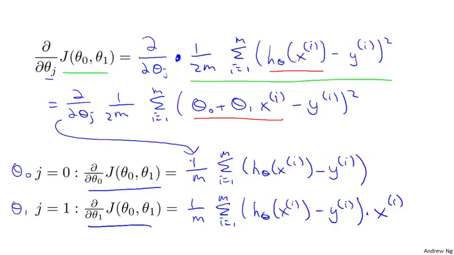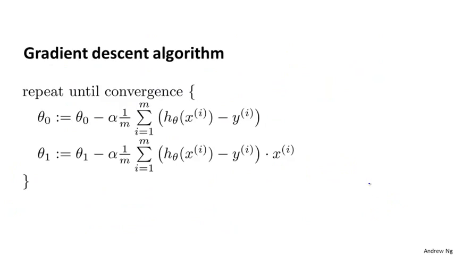Armed with what we worked out to be the derivatives, which is really just the slope of the cost function J, we can now plug them back into our gradient descent algorithm. So here's gradient descent for linear regression. We're just going to repeat until convergence: theta 0 and theta 1 get updated as themselves minus alpha times the derivative term.